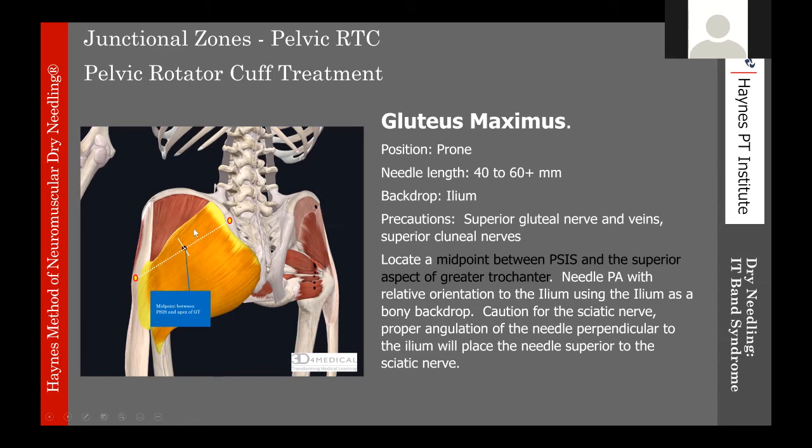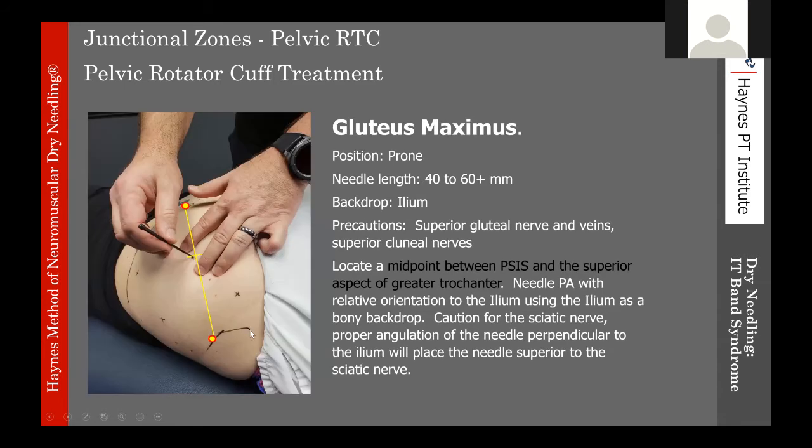Most things with the glutes, the posterior hip, we can catch a lot of the tissue in this one single needle spot. But for this purpose, I use this to identify glute max. Again, the backdrop is the ilium, and the needle will just be perpendicular to that. So here you see that represented: PSIS, greater troch with a midline, and using the ilium as the backdrop.